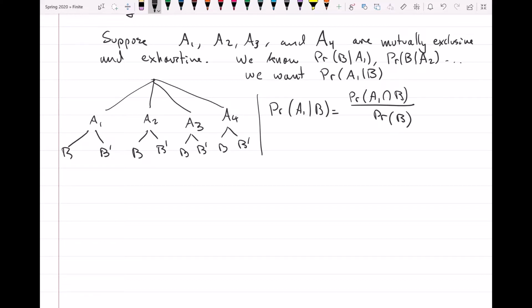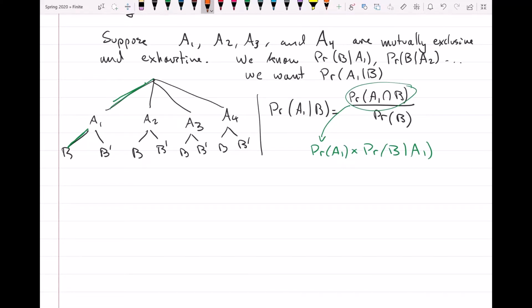So to get the probability of A1 and B, we first do A1 and then do B. So the numerator, I guess I'll use green, becomes the product of the probability of A1 times the probability of B given A1. This is, of course, the same as if you were using the tree.